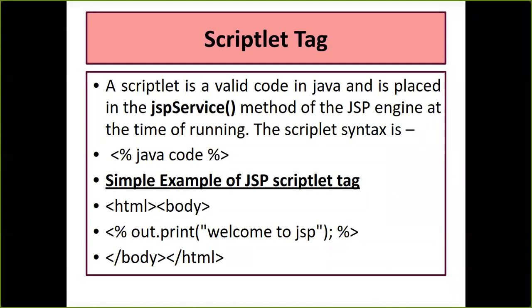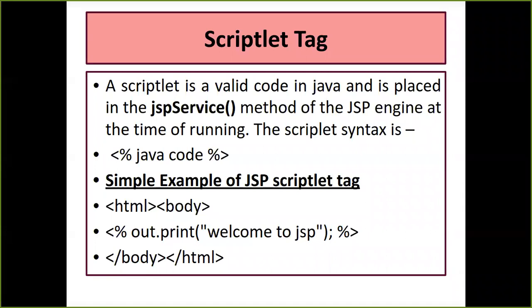So that means I'm right now in my second step, that is processing of the request. I'm trying to interpret the request, I'm trying to convert that request into the servlet code or Java code. And whenever I make use of the request processing step, every time I'm going to have a JSP service method, because the JSP service method is meant for the second step, that is your request processing. Fine. So here, assuming that we have a Java code, we have an instance, now we have to translate that code.